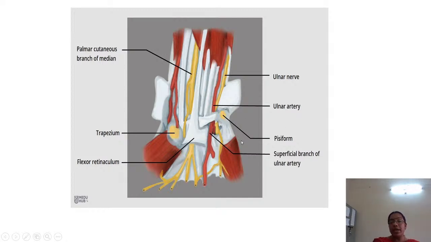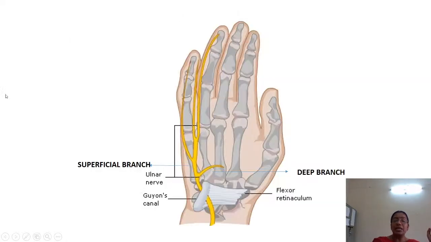But before that, at the hypothenar eminence, where there is a small muscle, the palmaris brevis, the ulnar nerve divides into two branches: the superficial branch and the deep branch.